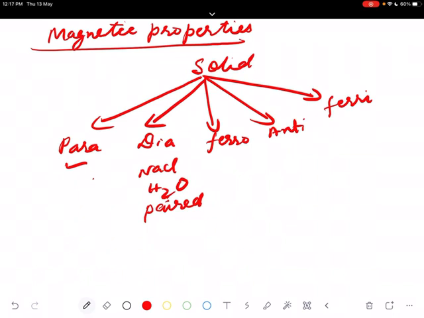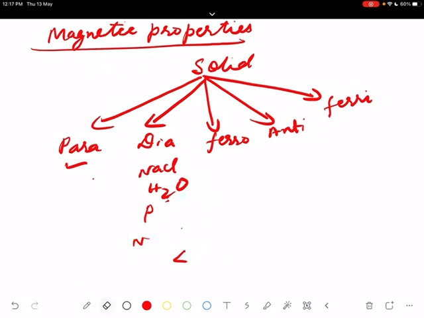They are magnetized in the opposite direction of the applied magnetic field. So there is an applied magnetic field, north, south, and the one we are keeping here is magnetized in the opposite direction. So they are weakly repelled by the magnetic field.